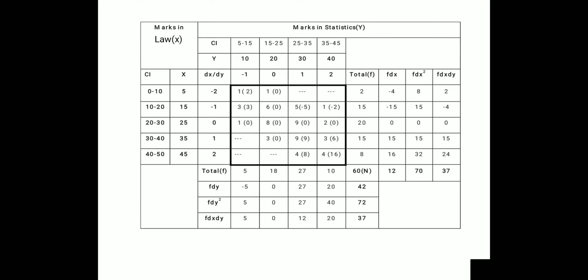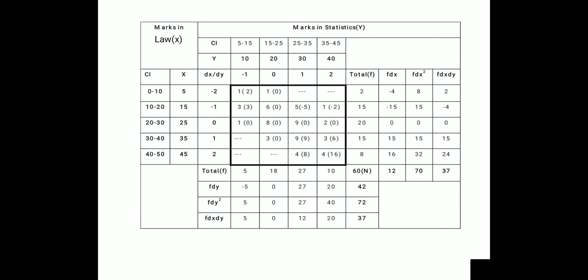To calculate dx and dy, the step is x minus the assumed mean a, divided by the size of the class interval, that is 10 here. So 5 minus 25, that is minus 20, divided by 10, that is minus 2. In the same way, we should calculate all the dx values and dy values in this table.